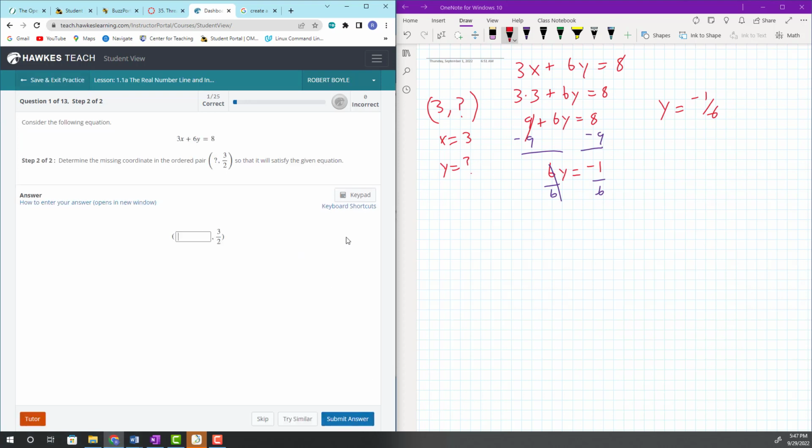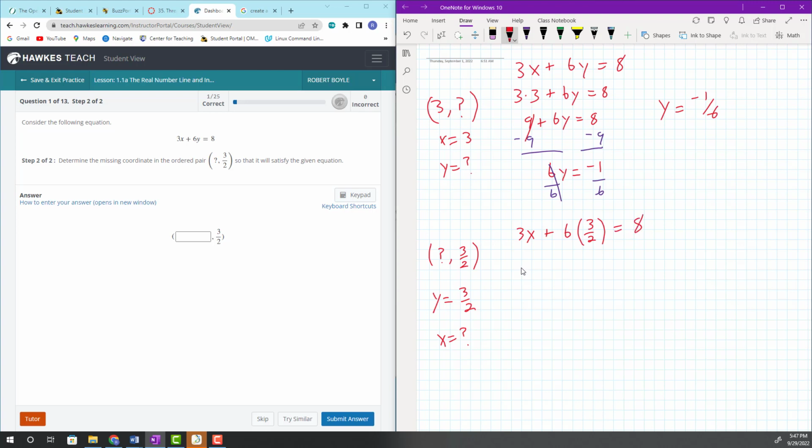In the next part, we have the exact same equation, but now we have the point (?, 3/2). Okay, so we know that y is equal to 3 halves. We need to figure out what x is. All right, so we're going to substitute this value in for y, and that will give us 3x plus 6 times 3 halves is equal to 8.